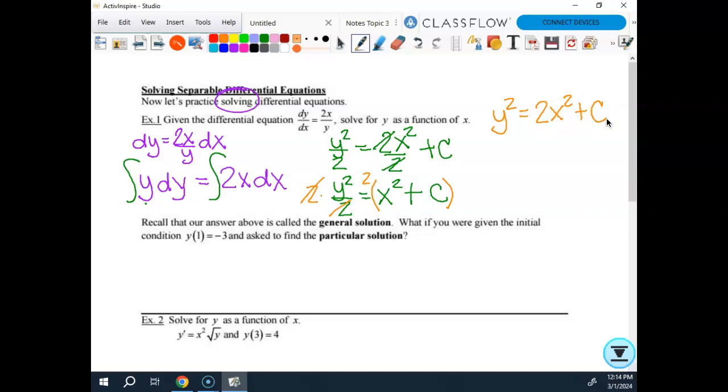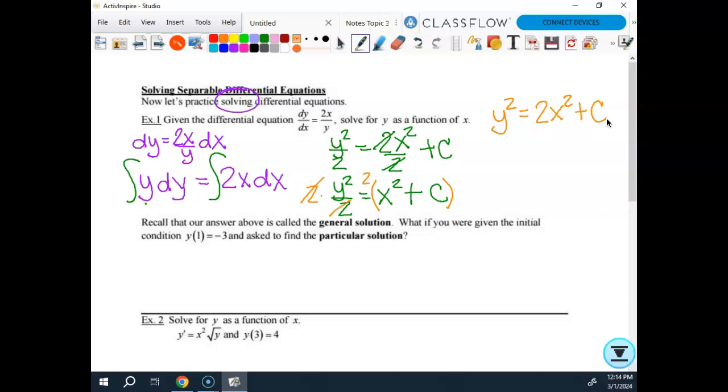Tell me what looks wrong about that. I didn't distribute the 2 because c is just some number, right? Do we know what it is? No. It's some constant. It could be 5, it could be 7, it could be negative 30. I don't know. But if I multiply it by 2, I still don't know what it is, right? It's still just some constant. So it's not that I didn't distribute, it's that it kind of gets absorbed in there.